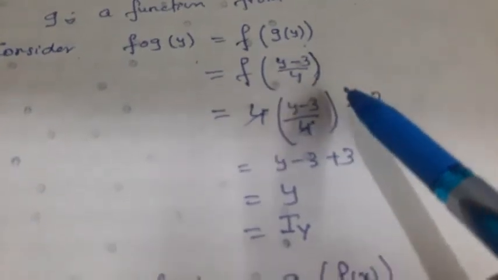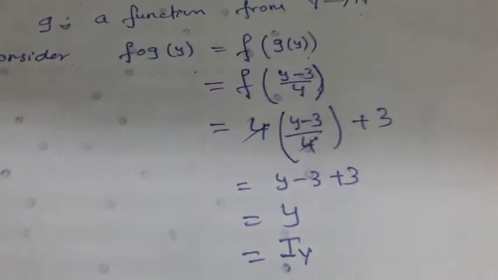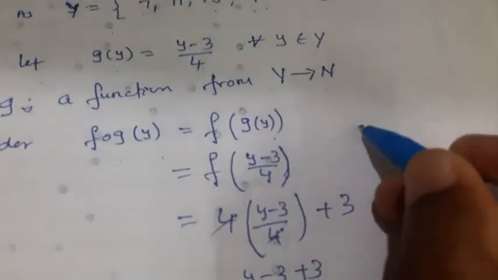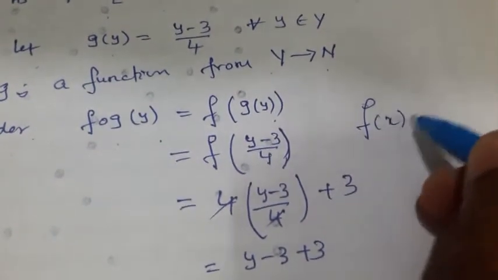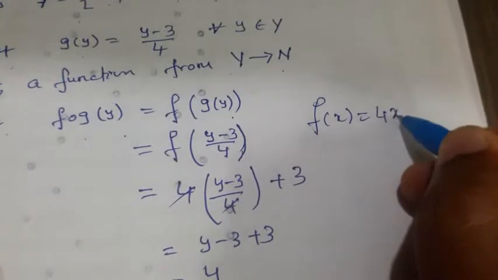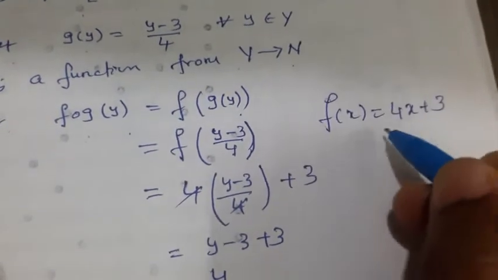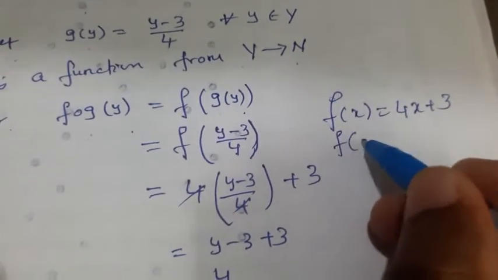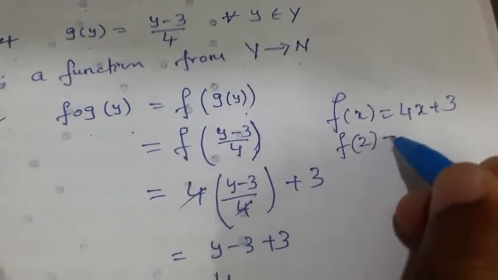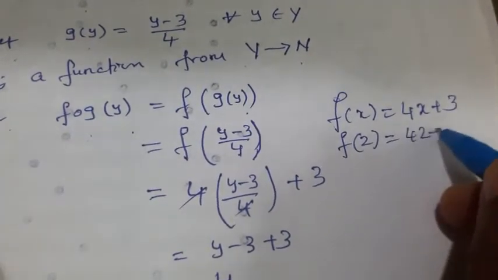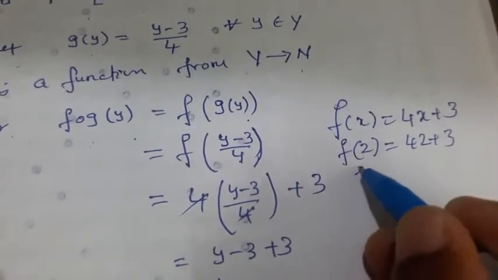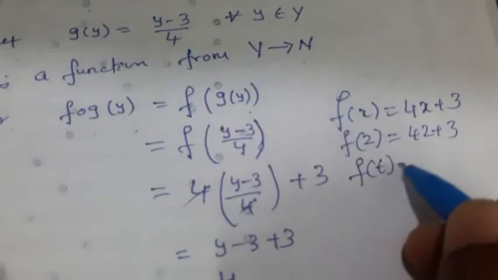See here, the definition of f of x is f of x is equal to 4x plus 3. And what is f of z? F of z is equal to 4z plus 3. What is f of t? F of t is equal to 4t plus 3.